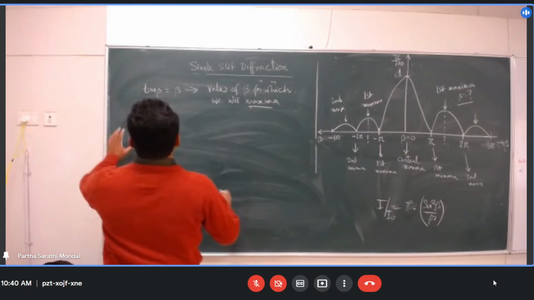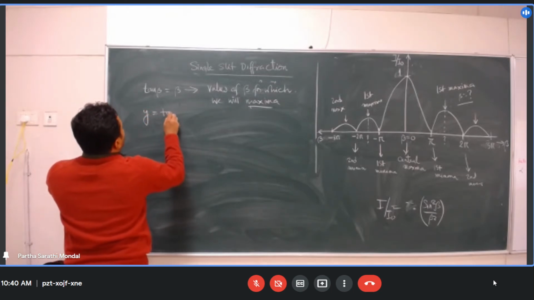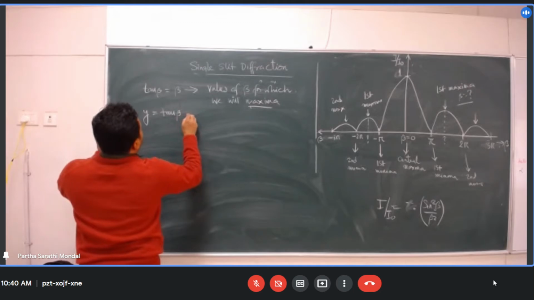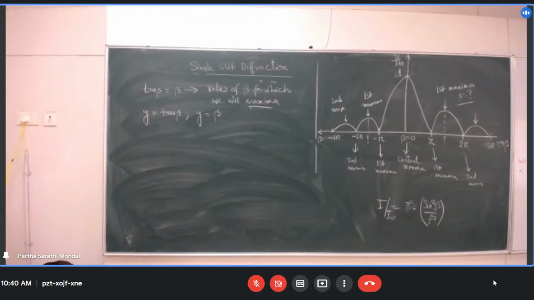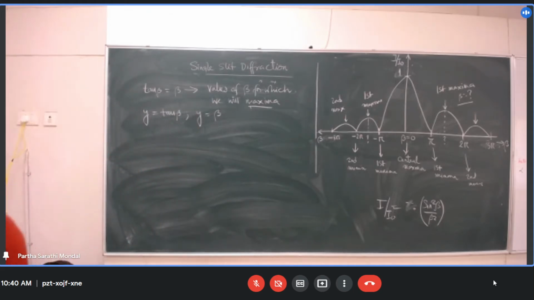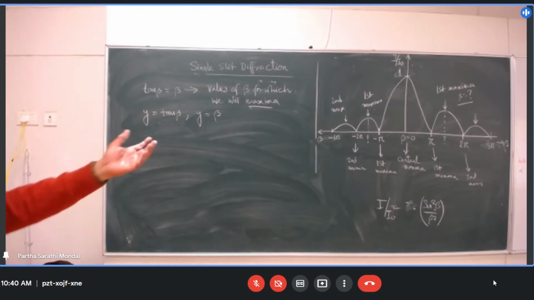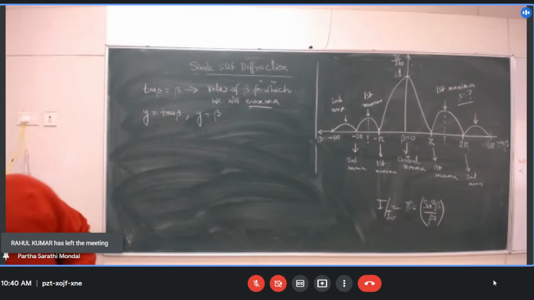So what I will do, I will take two equations, y equal to tan beta, and then another equation y equal to beta. ये दोनों हम लोग प्लॉट करेंगे, एंड जहां जहां पे इंटरसेक्ट करेगा वही होगा इसका सॉल्यूशन. ये हम लोग कोऑर्डिनेट ज्योमेट्री में किए थे शायद 10th में. दो कोऑर्डिनेट इक्वेशन है, इसको हम लोग प्लॉट करते थे, मोस्टली हम लोग स्ट्रेट लाइन करते थे क्योंकि हम लोग बाकी तो सॉल्व नहीं कर पाते थे, तो वही हम लोग करेंगे यहाँ पे.